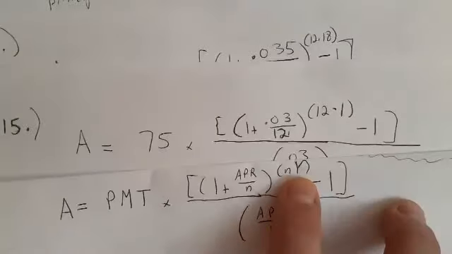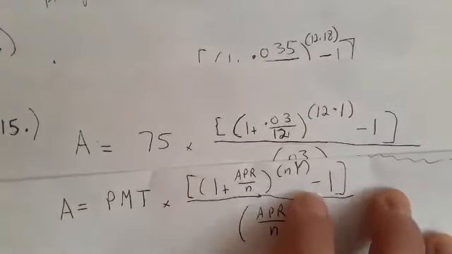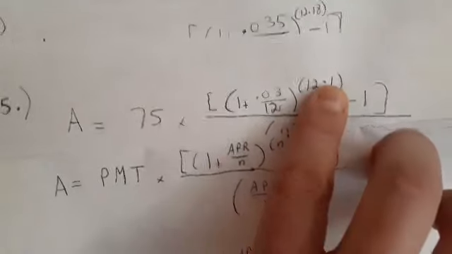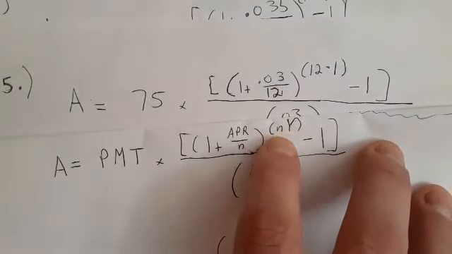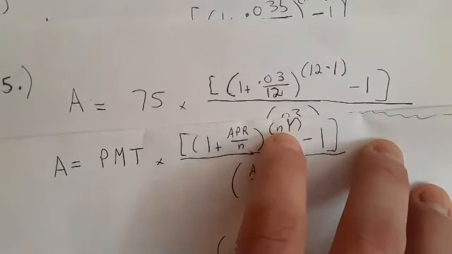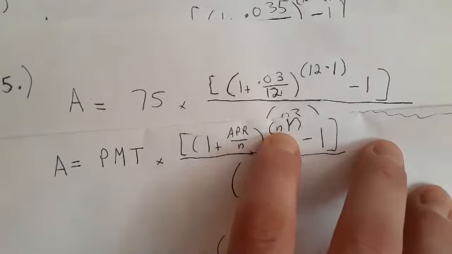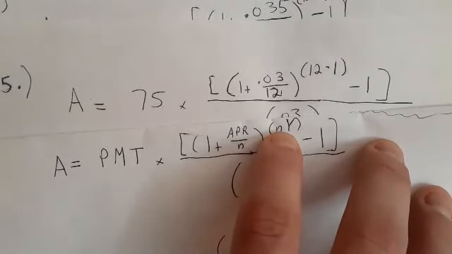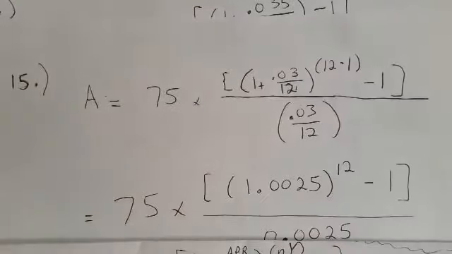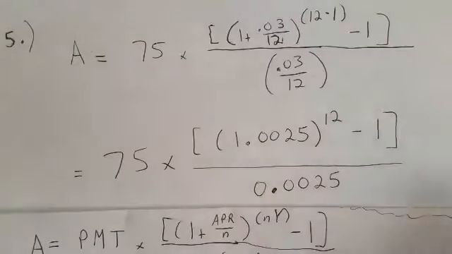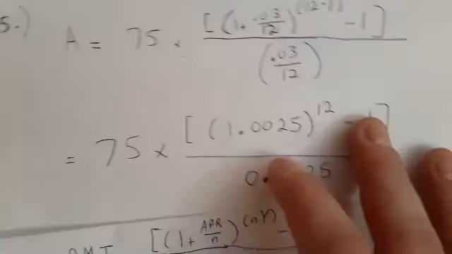My N was 12, but my Y was 1. And so NY represents the total compoundings that happen, or the total payments. If we're doing it 12 times per year for 1 year, we're doing it a total of 12 times 1, and 12 times 1 simplifies just to 12.